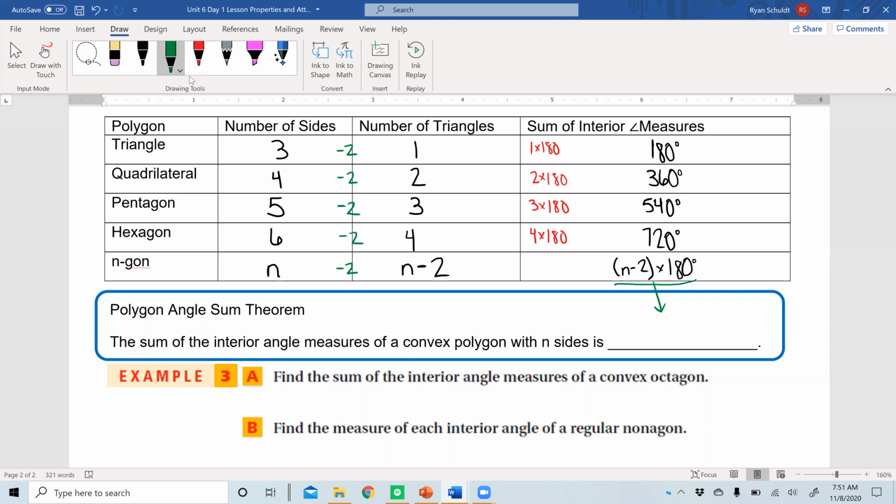The sum of the interior angle measures of a convex polygon with n sides is n minus 2 times 180 degrees.